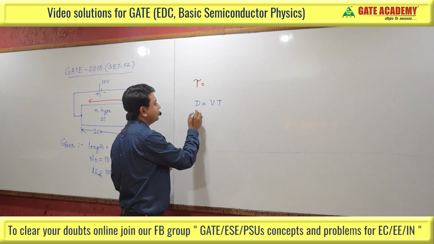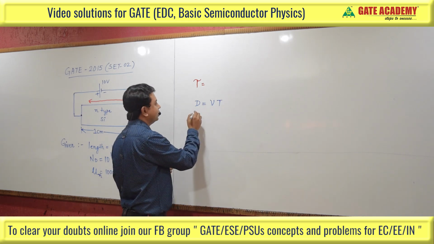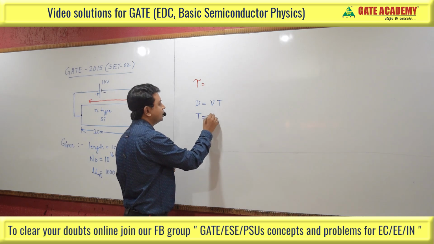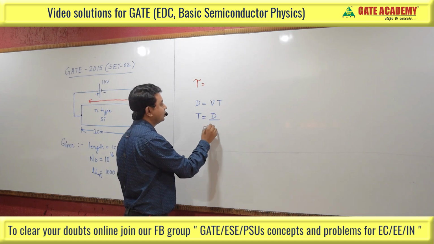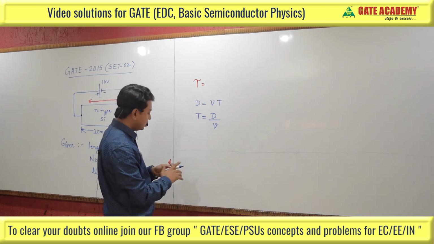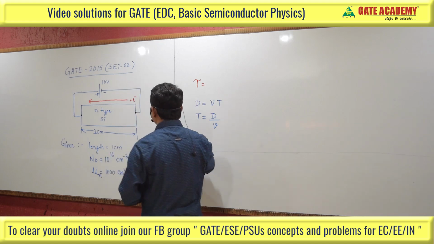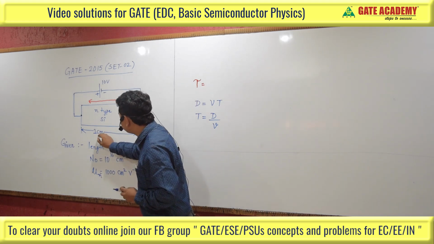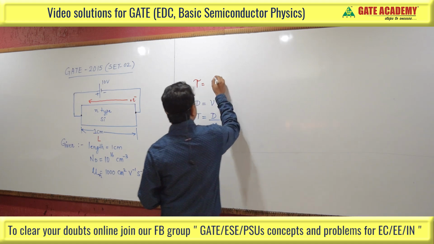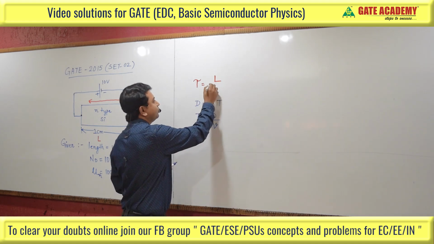So in this question we have to take the same basic physics equation and find out the time, which is equal to the distance traveled by the object divided by the velocity. Here the distance traveled is nothing but the length of the semiconductor, represented by L. So tau is equal to the length L divided by the velocity.